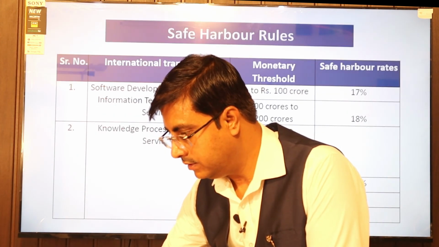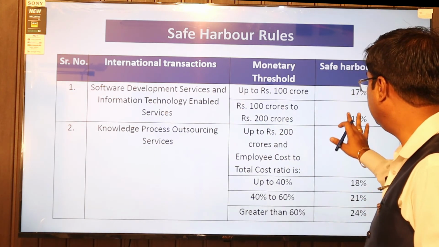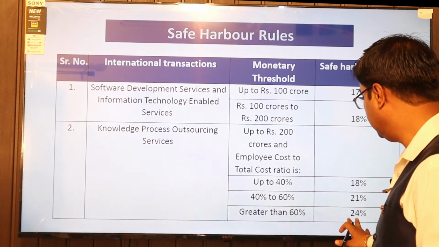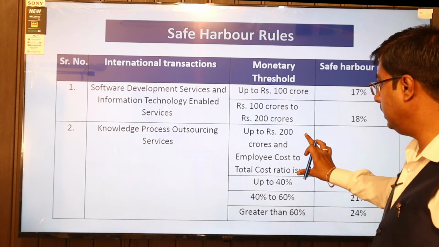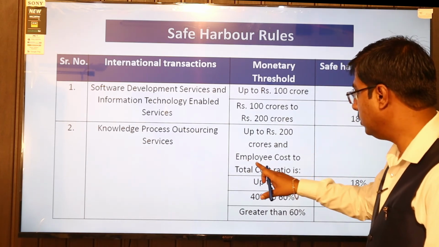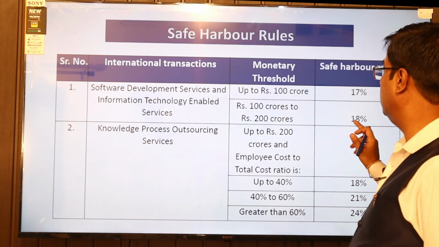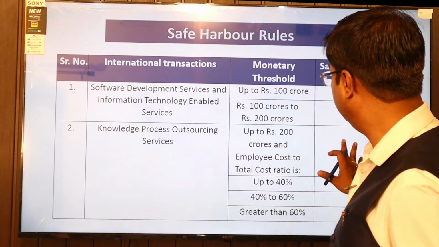So in short, for software ITES service there is 17%, 18%, KPO is 18%, 21%, 24%. In KPO they have taken a base of employee cost to total cost, then your OP margin should be in this bracket, more than this bracket. This is the basic rate, right?